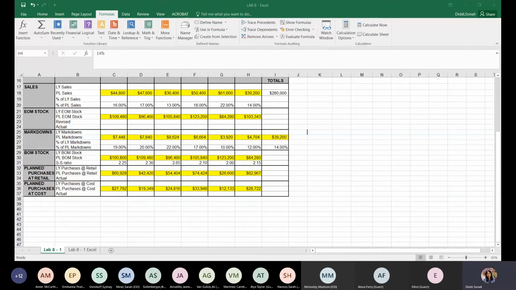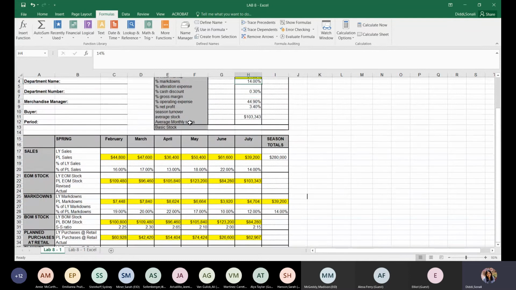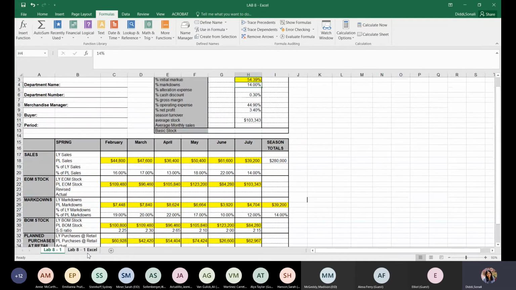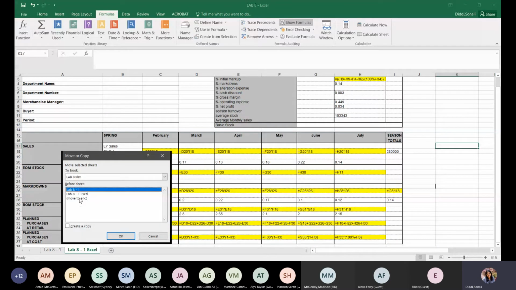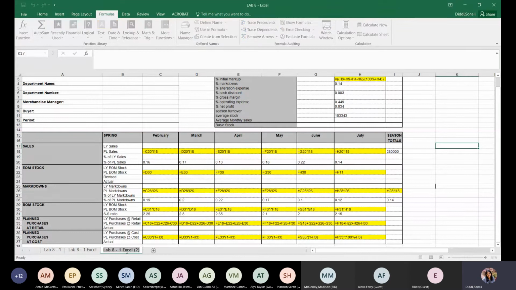Okay, Maddie, and I guess all of you, for this first problem, you're going to do lab 8.1 or 8-1, whatever you want to name it. So you did your Excel, and then you also have to do a word formula sheet. Only for this problem, you're going to do the word formula sheet.